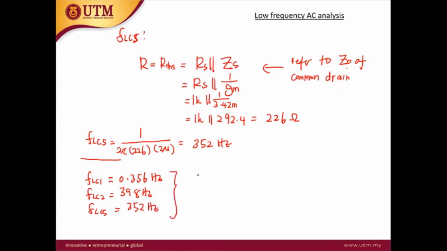So which one will be your dominant? Dominance means the actual cutoff frequency. So for the dominant cutoff frequency, we need to choose the highest among these three values. So the FL will equal 352 Hz. So this is the answer for the low cutoff frequency analysis.